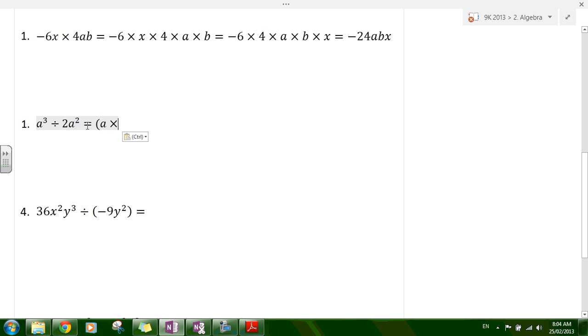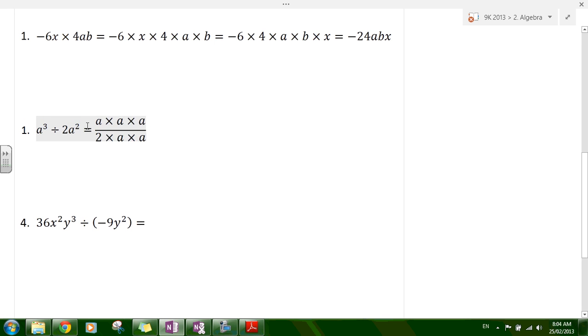So we've got a times a times a over 2 times a times a, which is what a squared is. So a squared is a times a, a cubed is a times a times a.